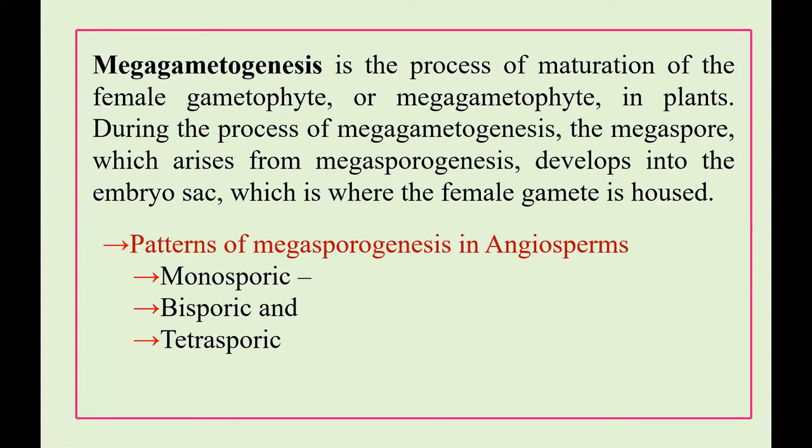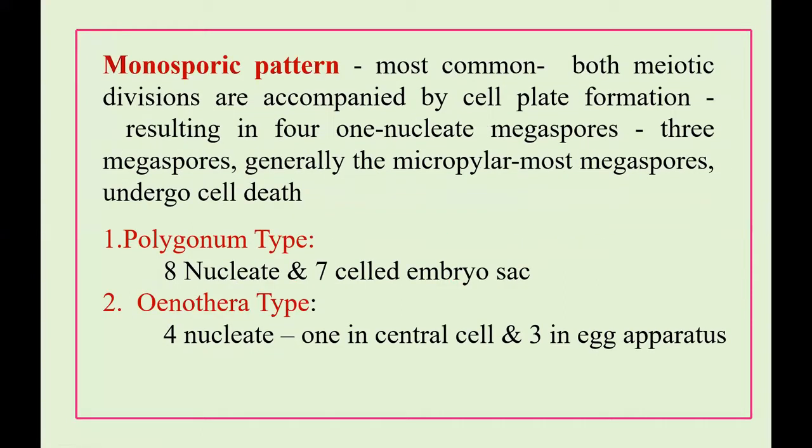Monosporic, bisporic, and tetrasporic. The first, the monosporic pattern, is the most common pattern of female gametophyte development. Here, both meiotic divisions are accompanied by cell plate formation, and it results in 4 one-nucleate megaspores.